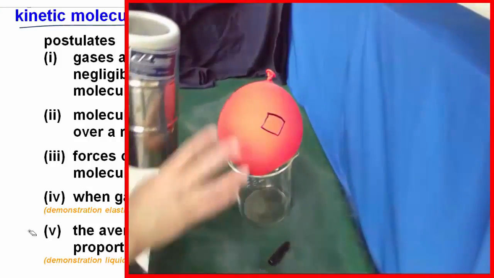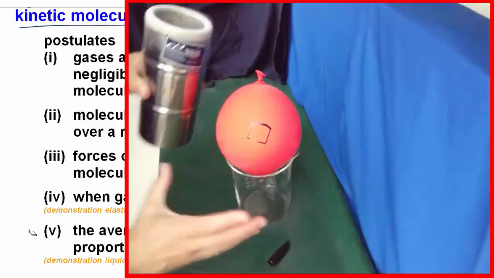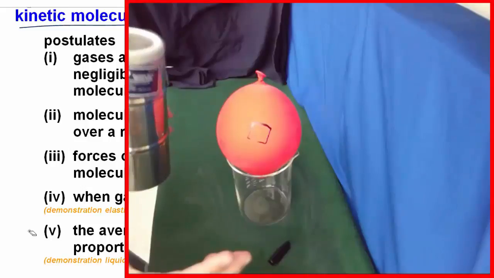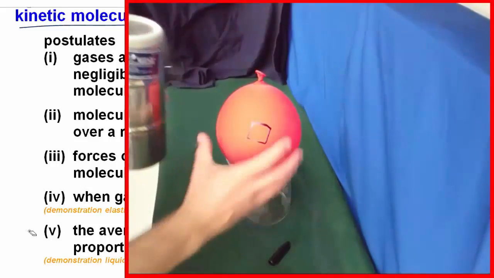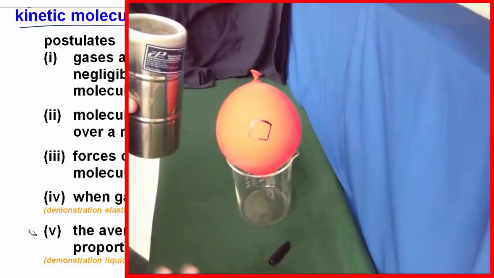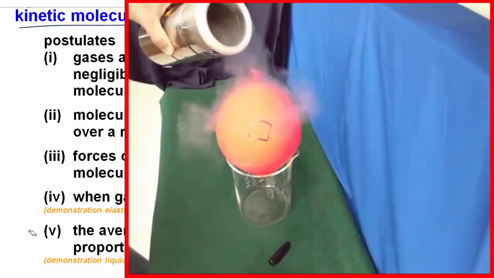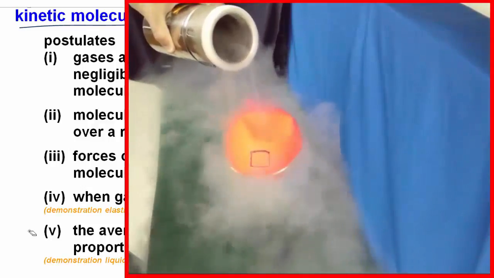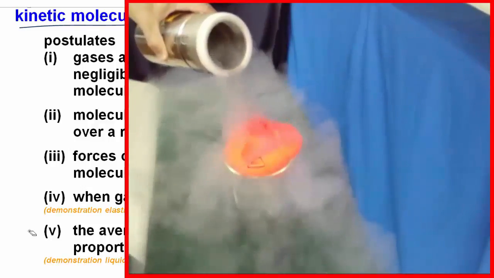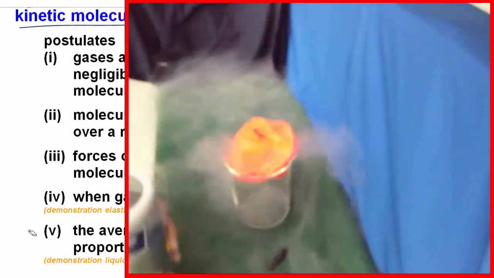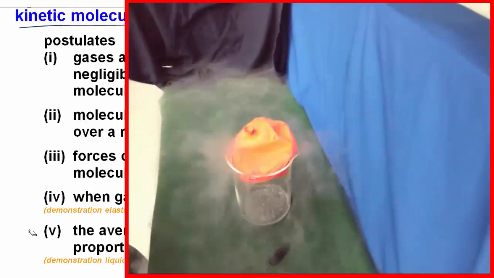So if I pour this on this balloon, the balloon should definitely shrink because those air molecules are going to get very cold, they're going to slow down, and they're going to strike the inner surfaces of this balloon with a much weaker force. Now what's interesting is when I stop pouring the liquid nitrogen, look what happens to the balloon.